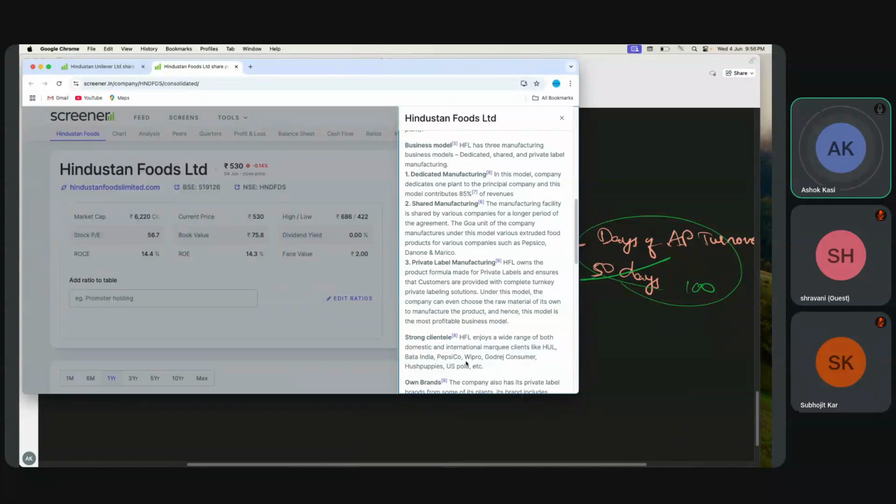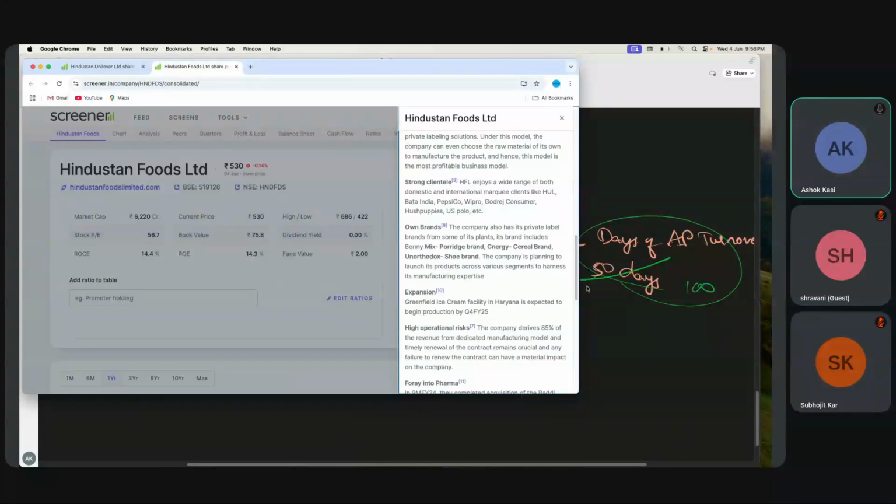Bata India, PepsiCo, Wipro, Godrej, US Polo. These are all the clients, their brands. I have never heard all these. Okay.